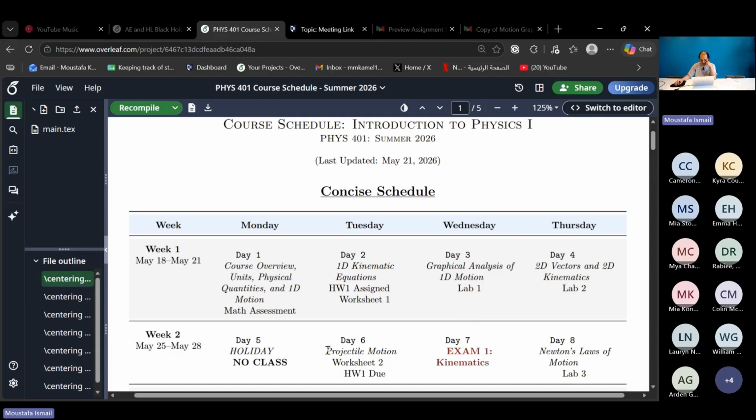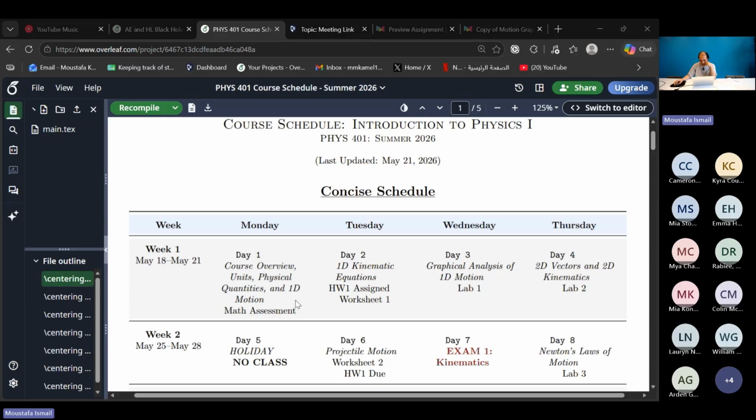And then day 6 would be continuing projectile motion, and for the rest of the lecture, we will have some problem solving and a review session that would make you more ready for the exam.